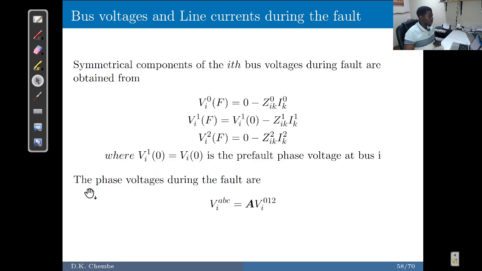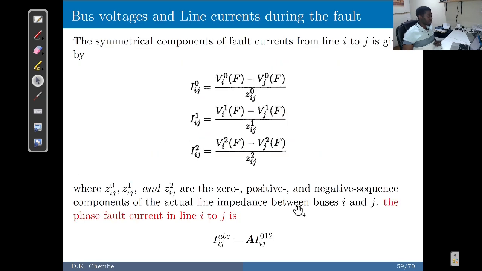Okay. And you can determine the phase voltages during the fault, VI phase A, B, and C, to be equal to A, VI, zero sequence, positive and negative sequence. So this is how we solve using the Z bus.